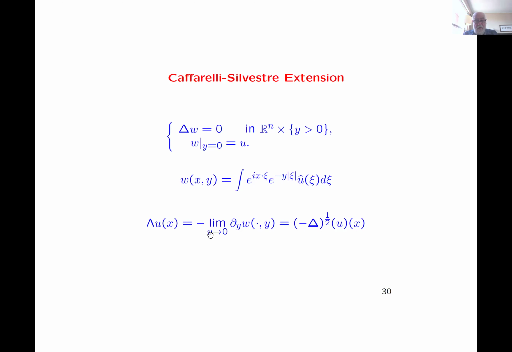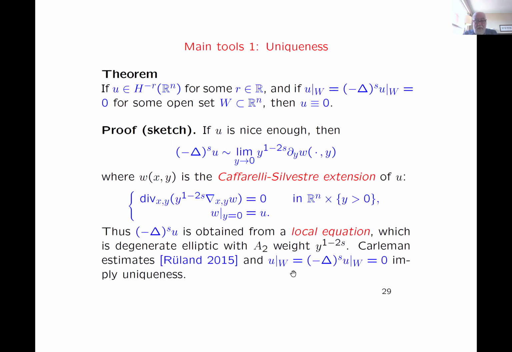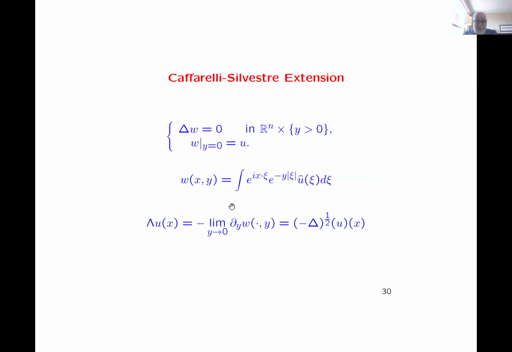You take y going to 0 with the minus sign, which is what we have here. The fractional Laplacian is obtained as the normal derivative of the solution for w. So it's an extension for every s. This is the case s equal to 1/2.